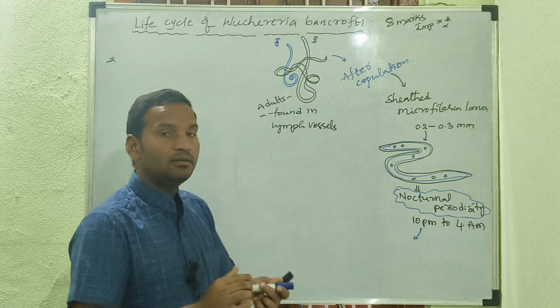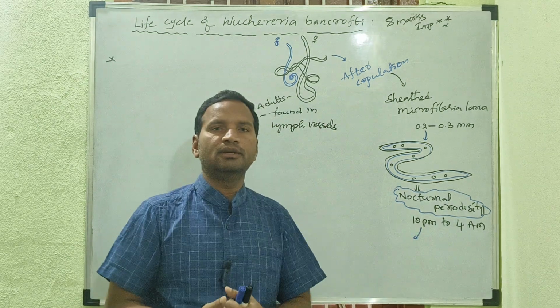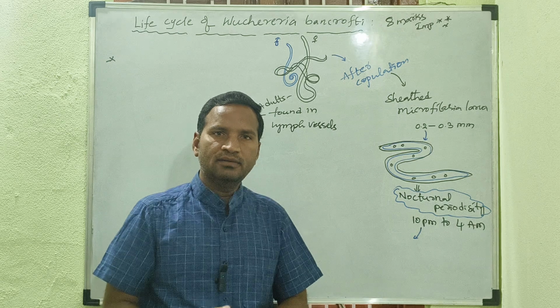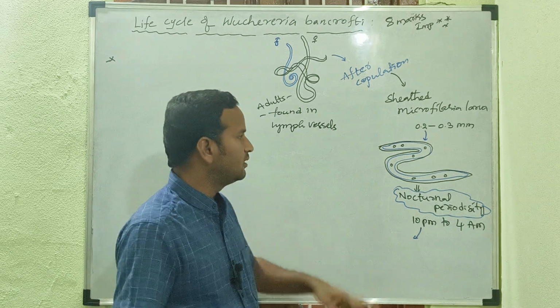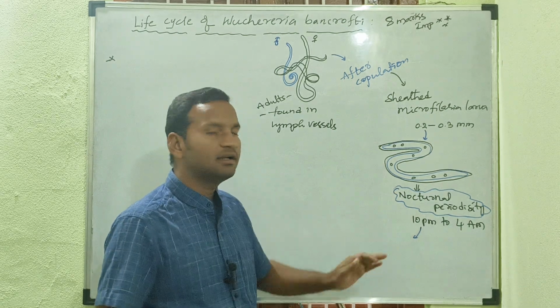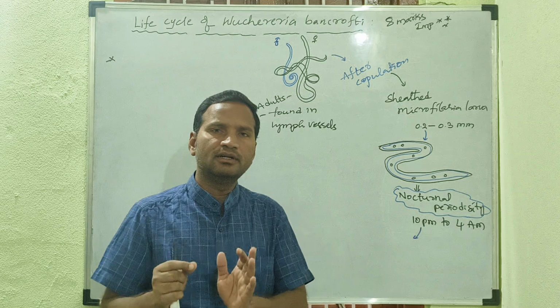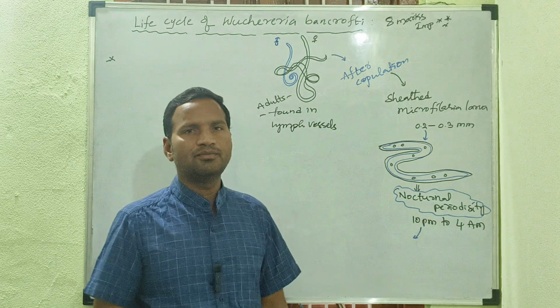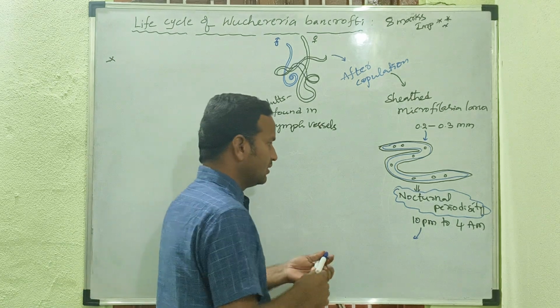Whenever the mosquito bites the human being, it sucks the blood, and along with the blood, the sheathed microfilaria larva also enters into the midgut of the mosquito. Got it? What I am saying?